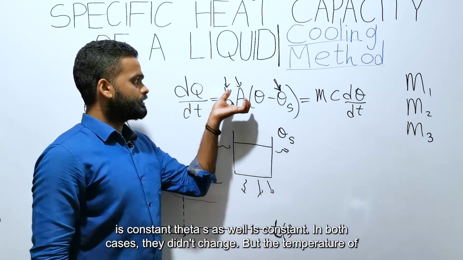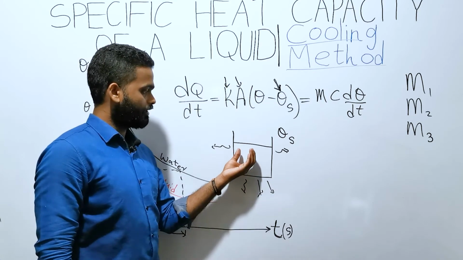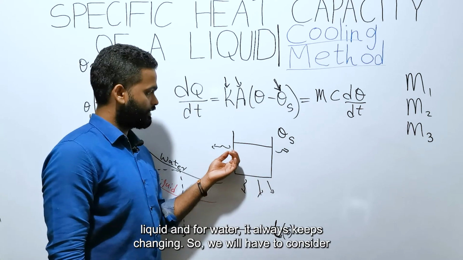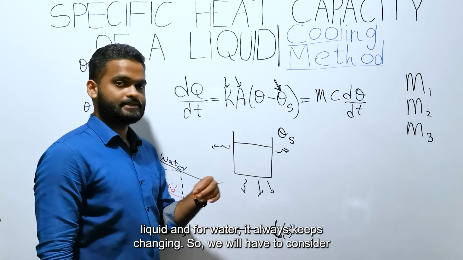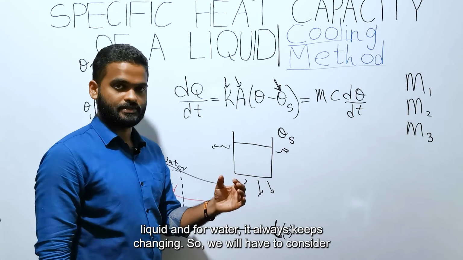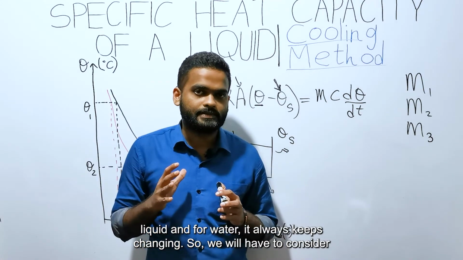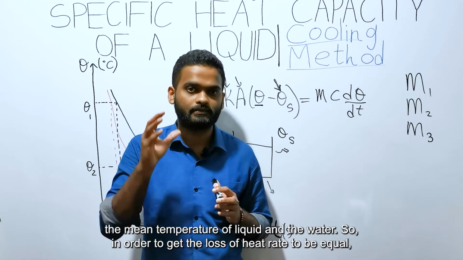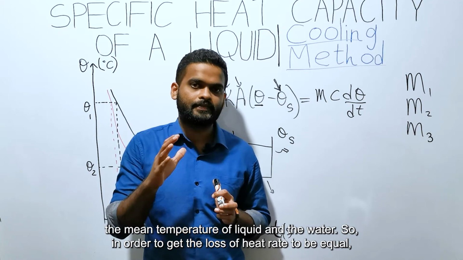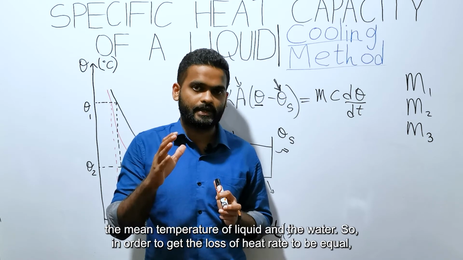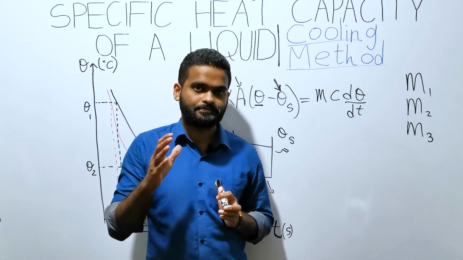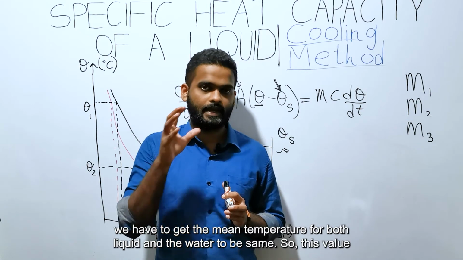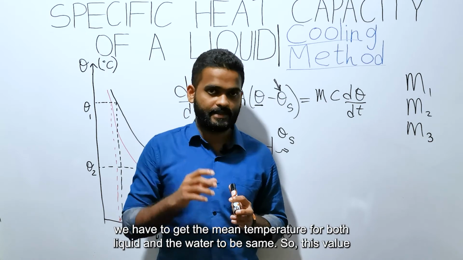But the temperature of liquid and for water, it always keep changing. So we will have to consider the mean temperature of liquid and the water. So in order to get the loss of heat rate to be equal, we have to get the mean temperature for both liquid and the water to be same.